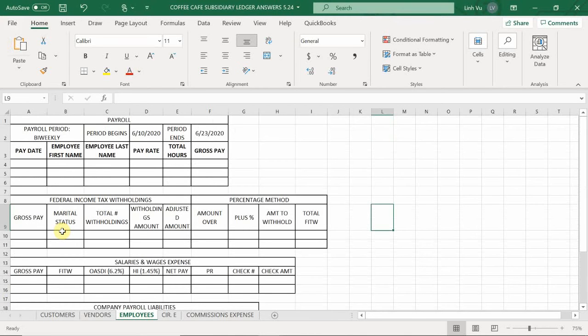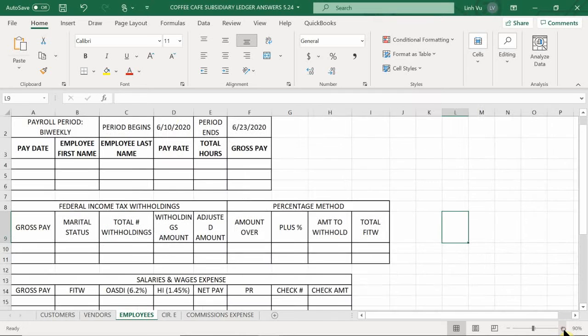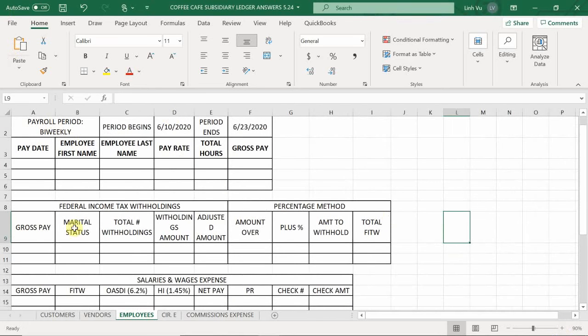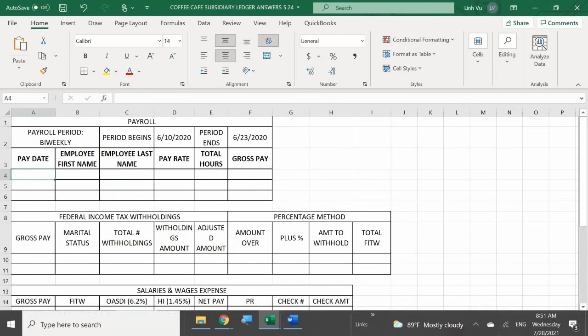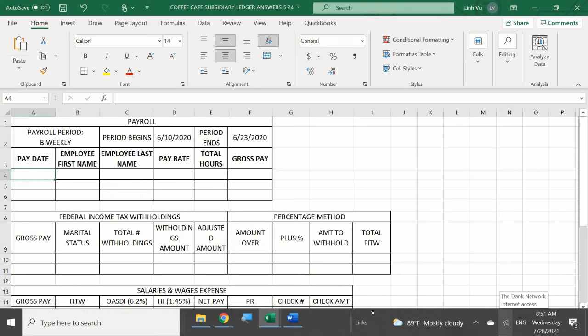So here we are. This is the payroll worksheet that I've created, so it makes it a lot easier to calculate federal income tax. First things first is the pay date. So we're going to make a payment to her on June 28th, 2 weeks from the 14th.